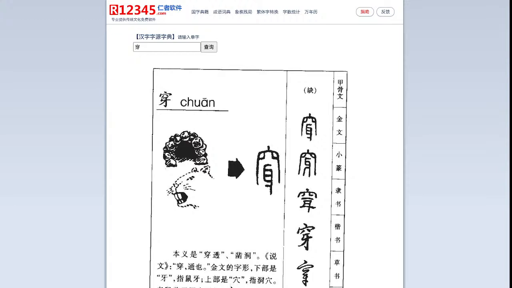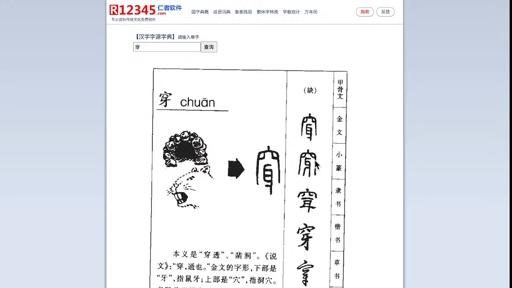And what this character looks like is, the top part looks like a cave, right, and the bottom part looks like a rat with teeth.